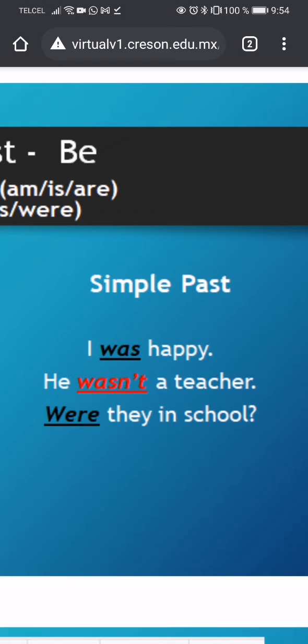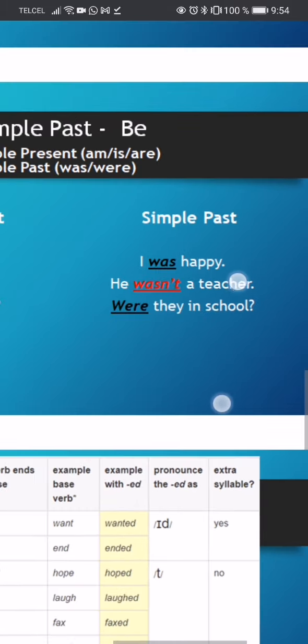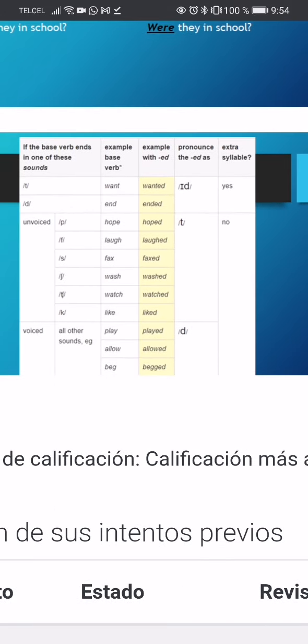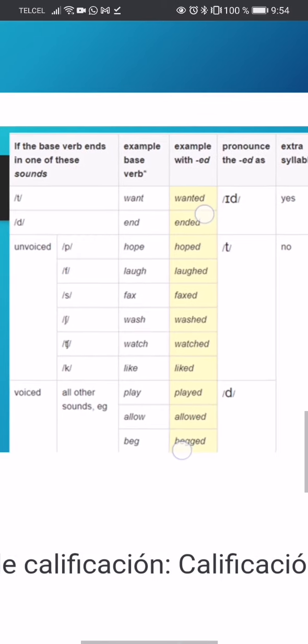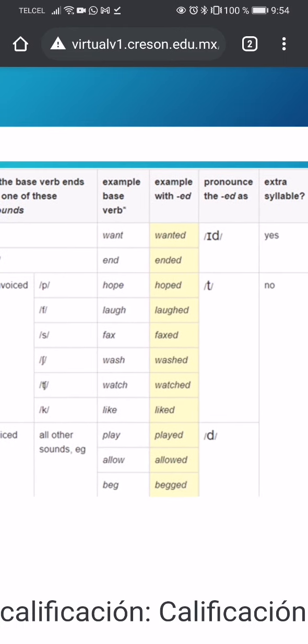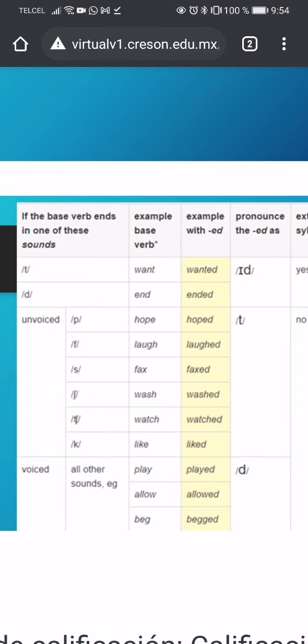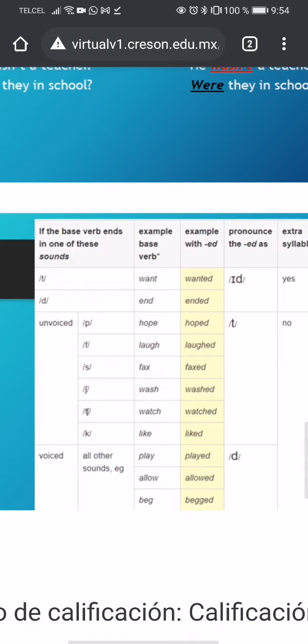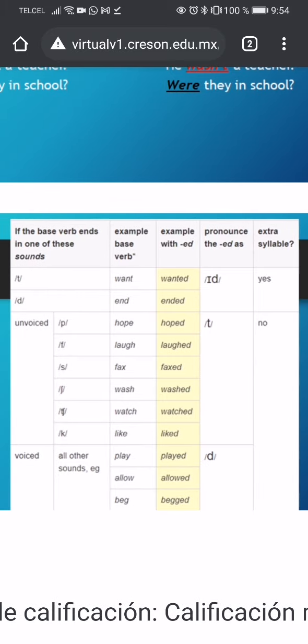So we only have the verb be. And here in this table, we have a few rules for the pronunciation of the verb in simple past. Okay, but this one we're gonna check in the next class.